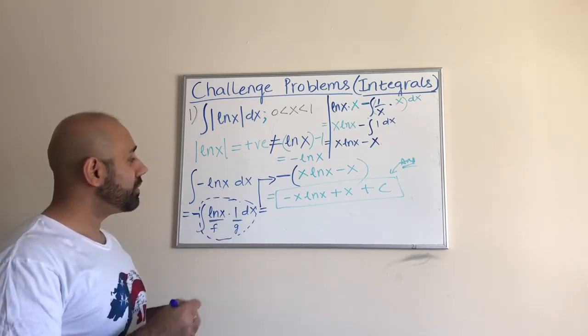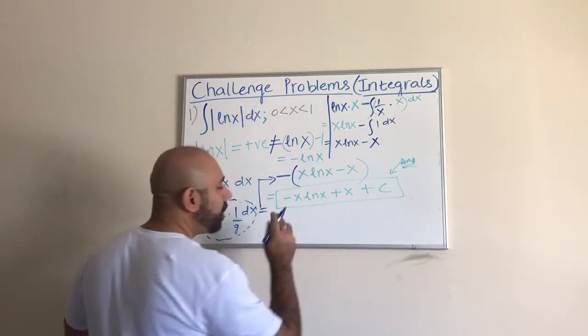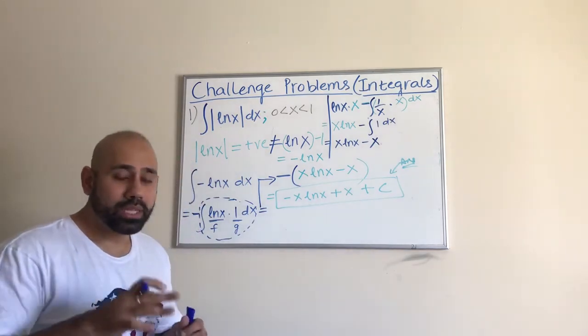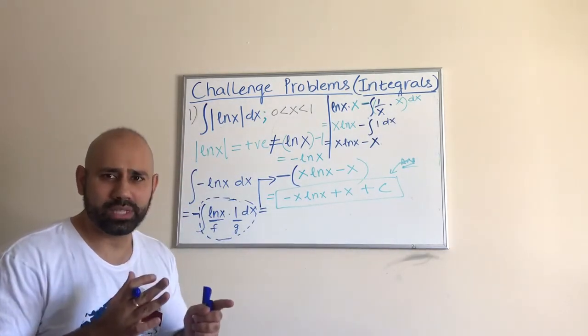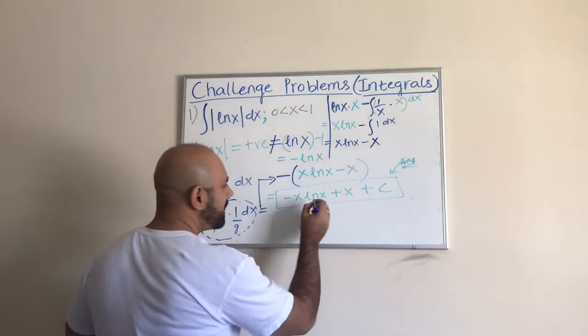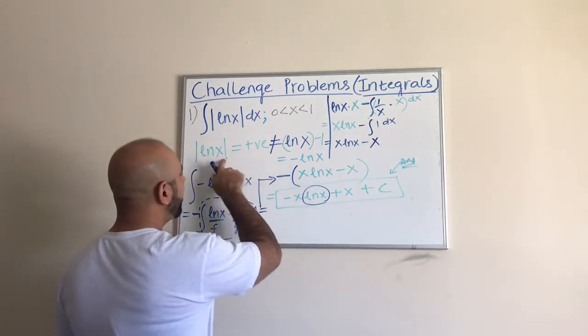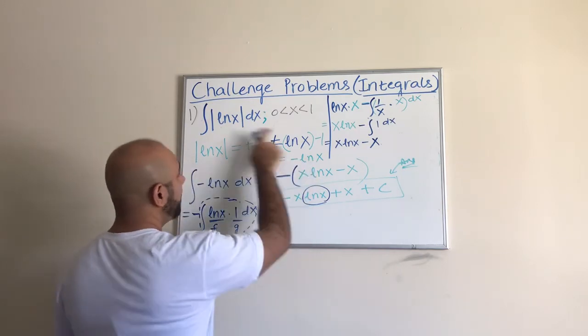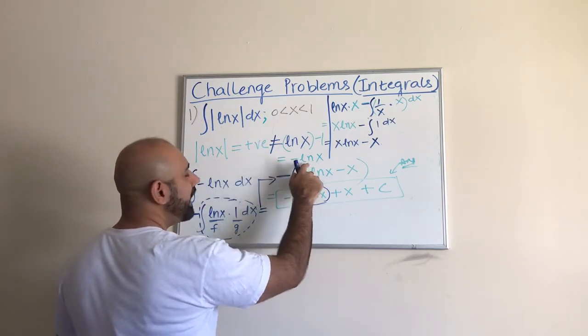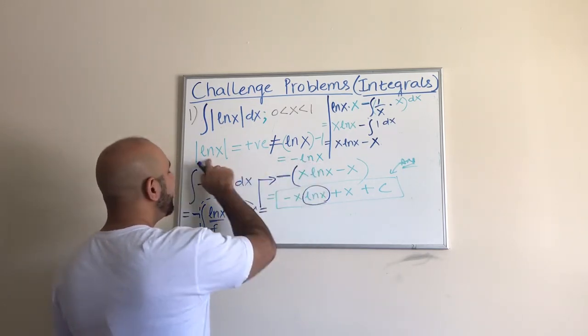But then what I realized was, guys, that in the options, all these options had absolute values in there. So what I was missing was this piece right here. If I go back and look at my first critical step, I realized that, hey, ln of x and this, they are related.